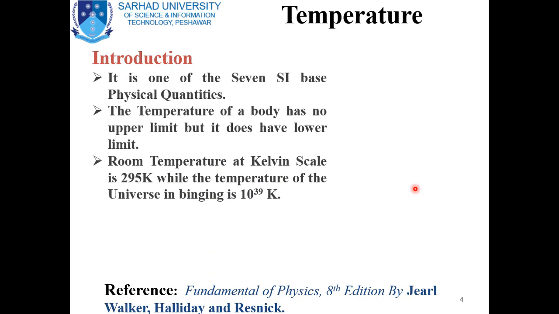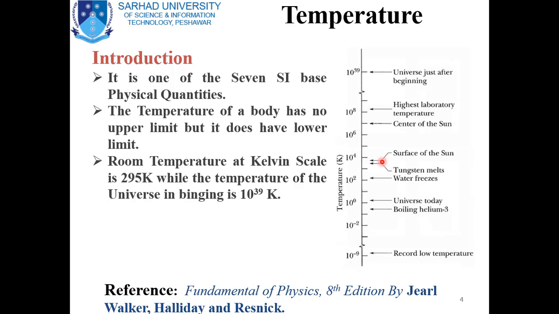Room temperature on the Kelvin scale is taken as 295 Kelvin, while the temperature of the universe in the beginning is 10 power 39 Kelvin, which is a very high temperature.